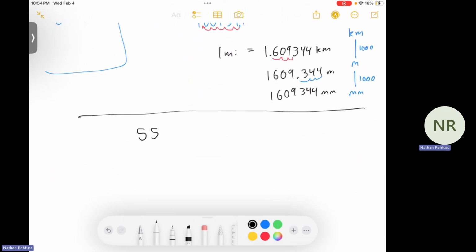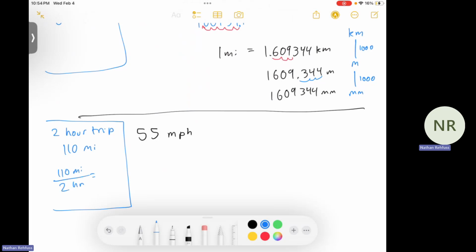Let's say you're on the highway and you're driving 55 miles per hour. Do you remember what that means? If you take a 2-hour trip and travel 110 miles, we can find out your velocity like this. 110 miles divided by 2 hours makes 55, and the units are miles per hour.